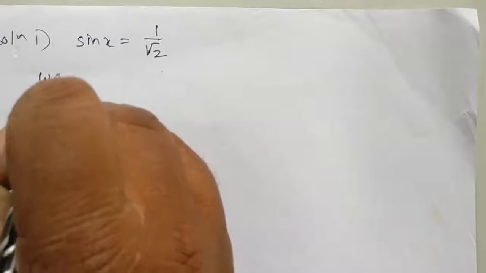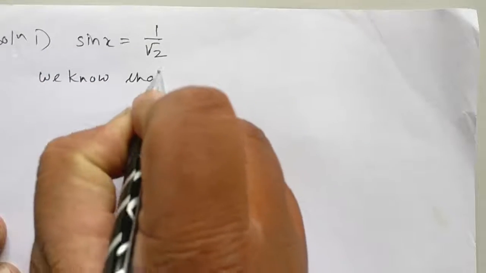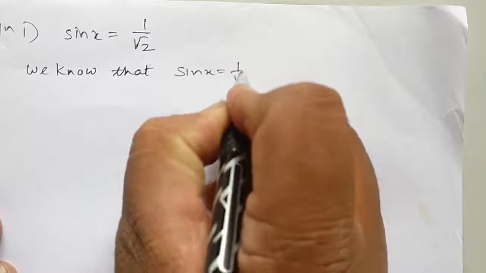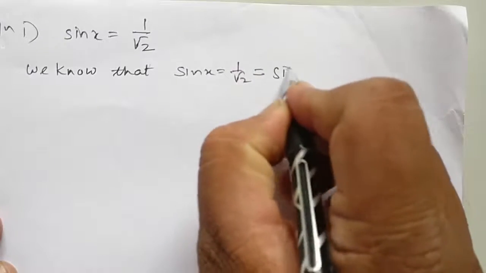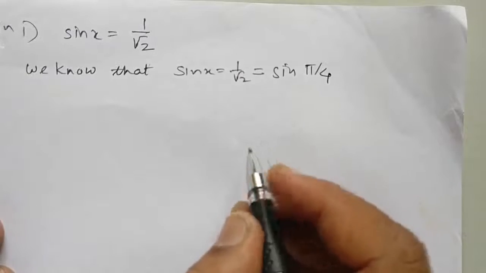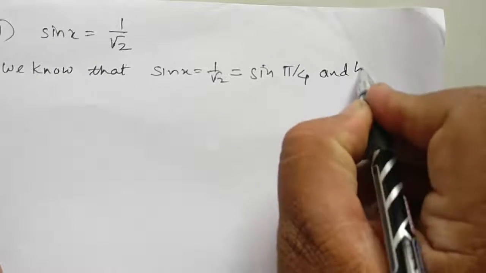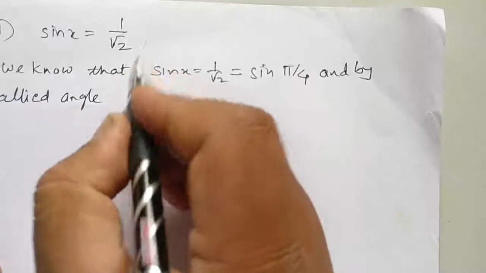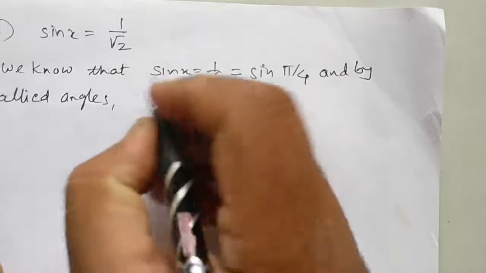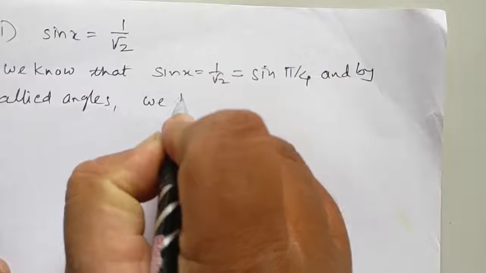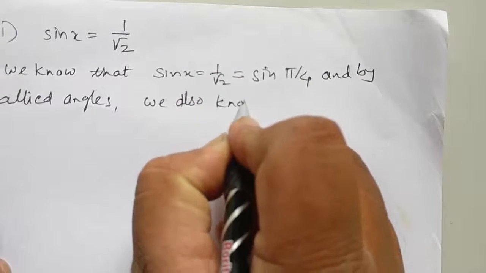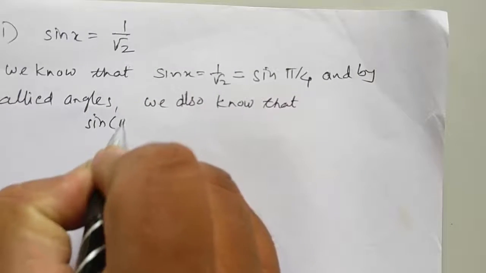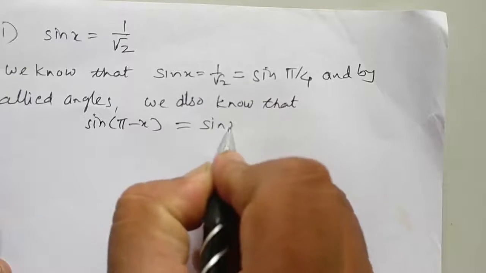We know that sin x is equal to 1 upon under root 2 is equal to sin of pi by 4, and by allied angles formulae, we also know that sin of pi minus x is equal to sin x.